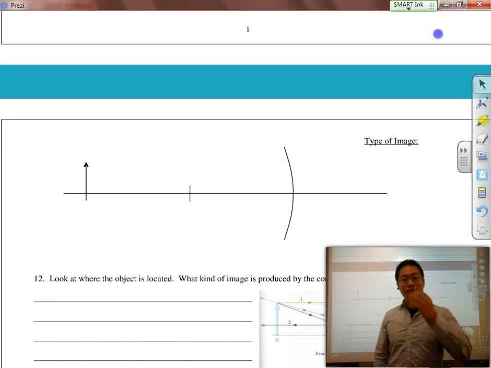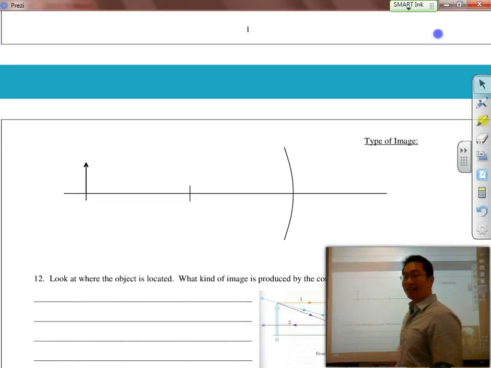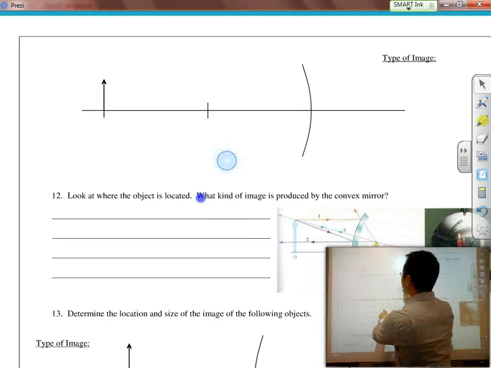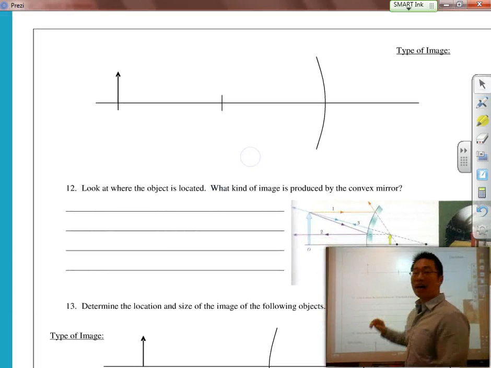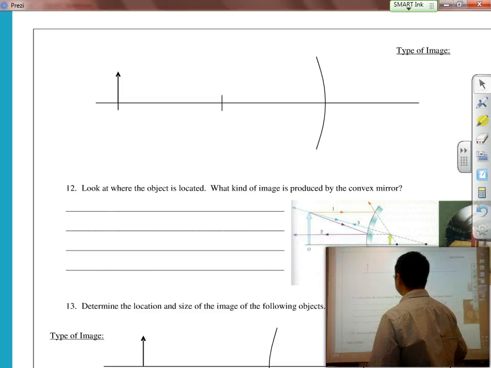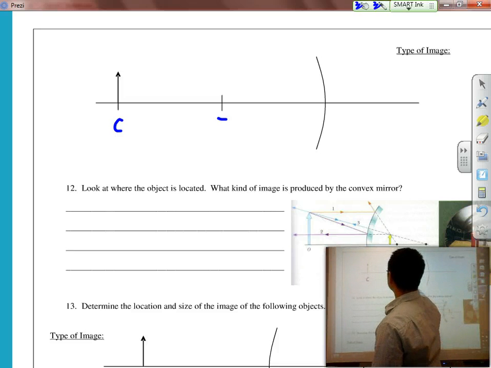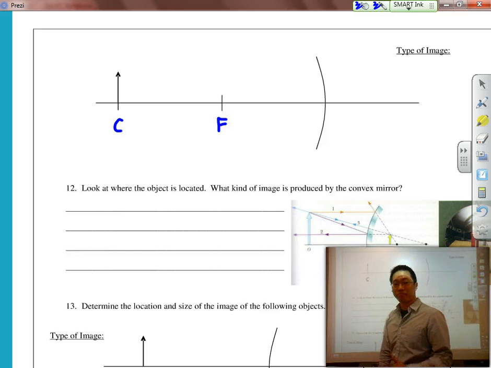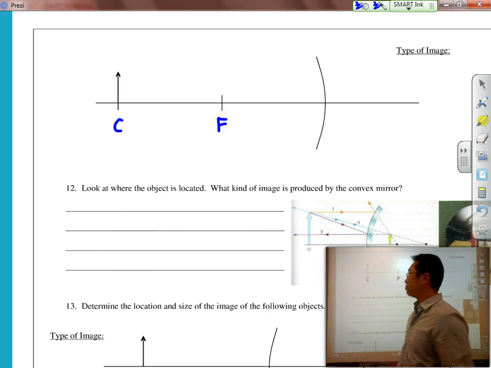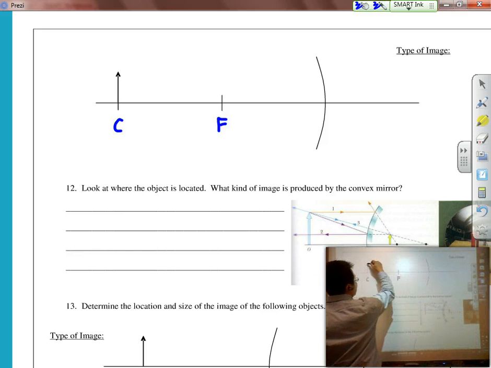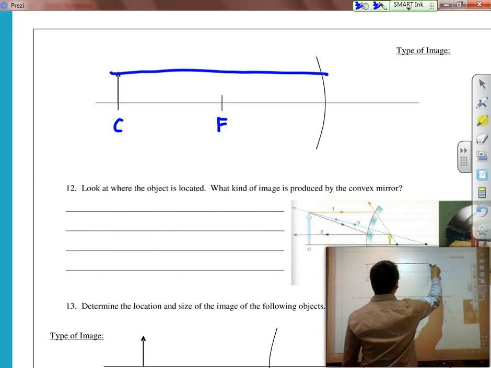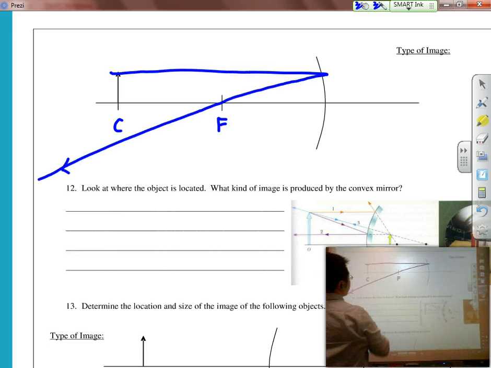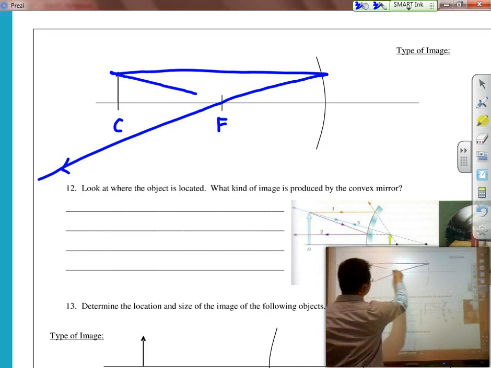Okay. Our final example over here for the concave mirror is about when the object is placed on the center instead. Again, I'll label it. And note what happens. Over here, as I go parallel, then through F. Second line, of course, would be through F and parallel.